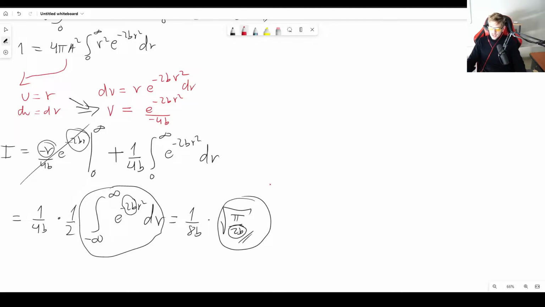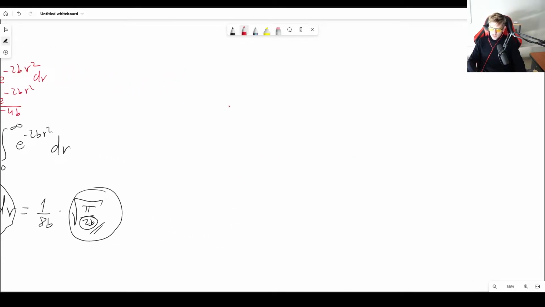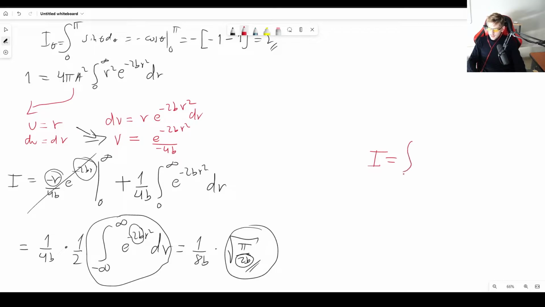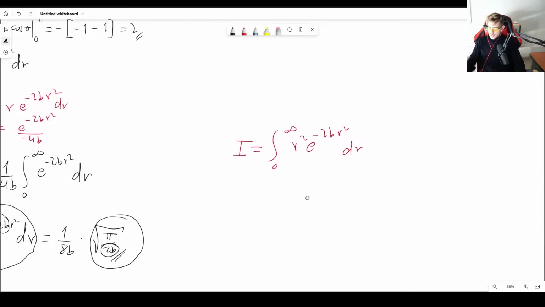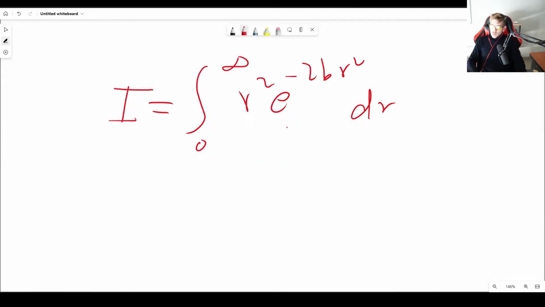Let's now go for a different method. So a different way to solve that integral, so let me copy it. So the integral is 0 to infinity of r squared e to the minus 2b r squared dr. So that is the integral that we are solving. So a different way of doing it is basically what we have done in the past, right?